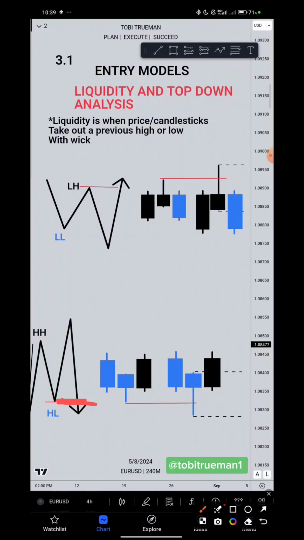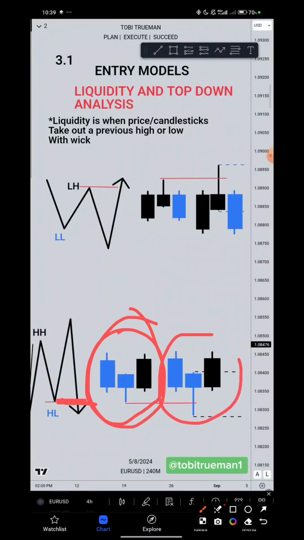But before we switch to a lower time frame, this is how it might be represented on the chart: this first candlestick formation is the higher low. Then the next formation took out the higher low with a candlestick wick, and you can see that this candlestick wick took it and closed above it.